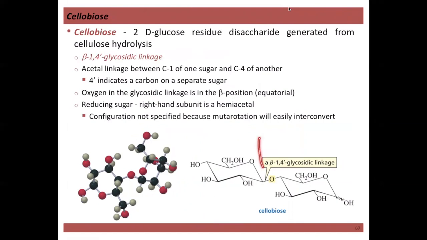Now, this is a linkage that humans and most animals cannot metabolize. Even cows can't metabolize this. So when they eat grass, it's not the cows metabolizing it, it's the bacteria in their stomach. Termites can't metabolize it either. And so it's, again, bacteria in their stomach that break down the beta 1,4 linkage.